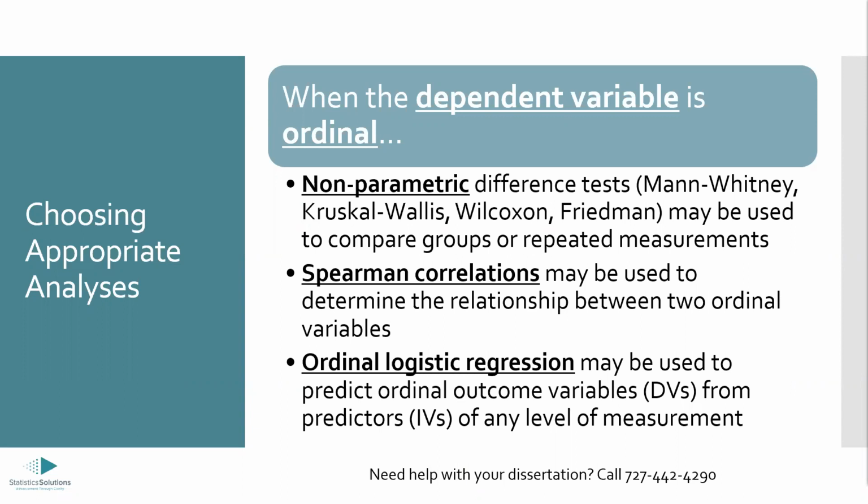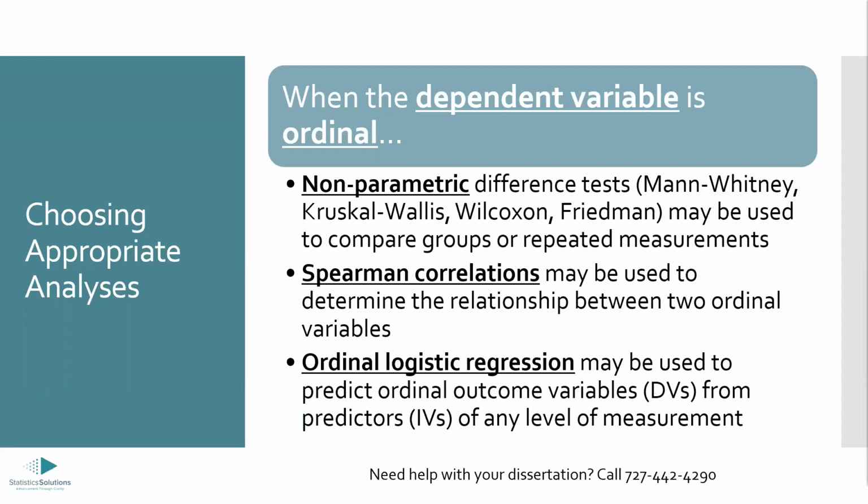If we're looking at relationships between two variables, if those two variables are ordinal, or even if just one of the variables is ordinal, then we would do the non-parametric version of the Pearson correlation, which is the Spearman correlation.